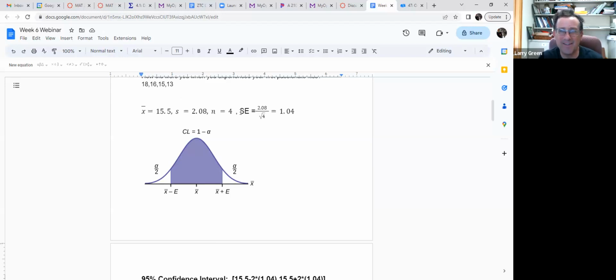It has to do with the standard error formula. It turns out that it's not S over root n, it's sigma over root n. It's the population standard deviation over the square root of the sample size. The problem is we don't know the population standard deviation. So we use S as an estimate. But when you have an estimate, that means there's going to be an additional error.